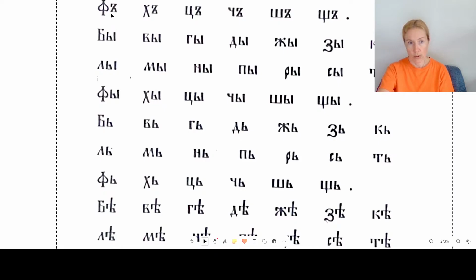So people stopped calling them Yer and Yer. They started calling them soft mark, hard mark. And so Yer gives softness to the consonants. So let me show you how we pronounce the consonants with Yer.